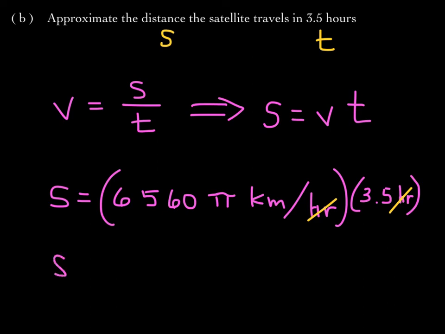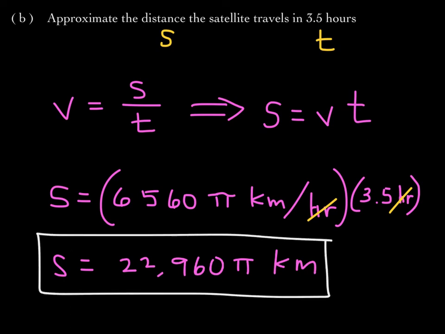First of all, I'll give an exact answer. In terms of pi, all I'm going to do is 6,560 times 3.5, and that will give me 22,960 pi kilometers. That's an exact answer, ladies and gentlemen. Again, I did that by multiplying 6,560 by 3.5.